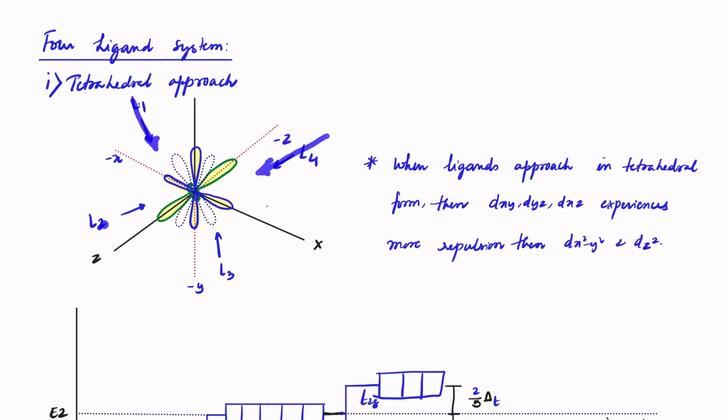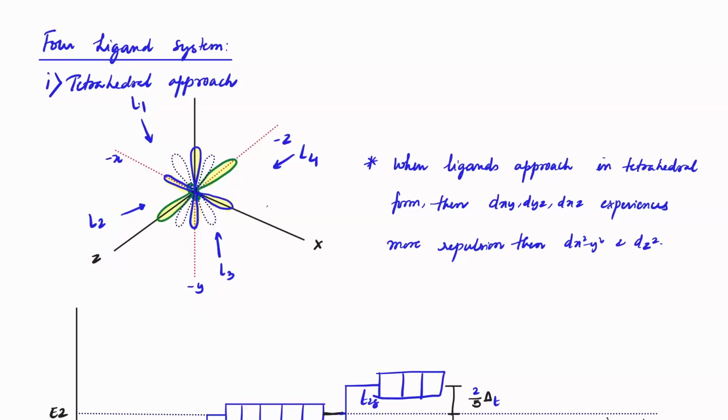this. As they approach between the axis, now the d orbitals which are oriented towards the axial directions, like you can see this particular orbital here, this one is dx square minus y square, and this one is dz square.